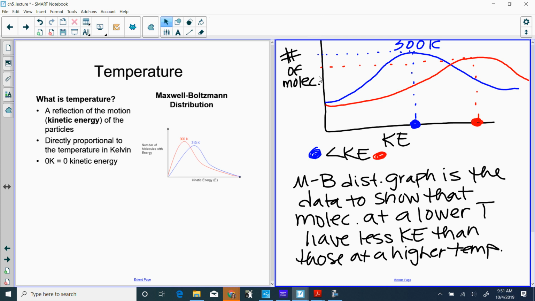We didn't label the red, so let's call red 400 K, just so we're larger.